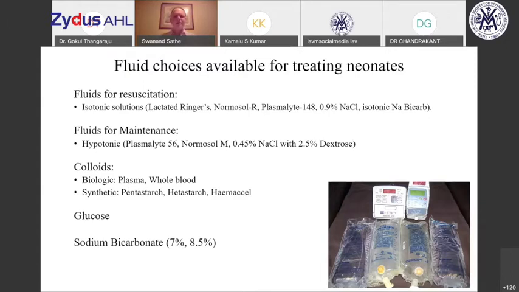Sodium bicarbonate, like I mentioned, is available as a 7% and an 8.5% solution, which is hypertonic, and we tend not to use this as a bolus. Instead, we'll convert that into a hypotonic or an isotonic solution and then administer it to correct metabolic acidosis.